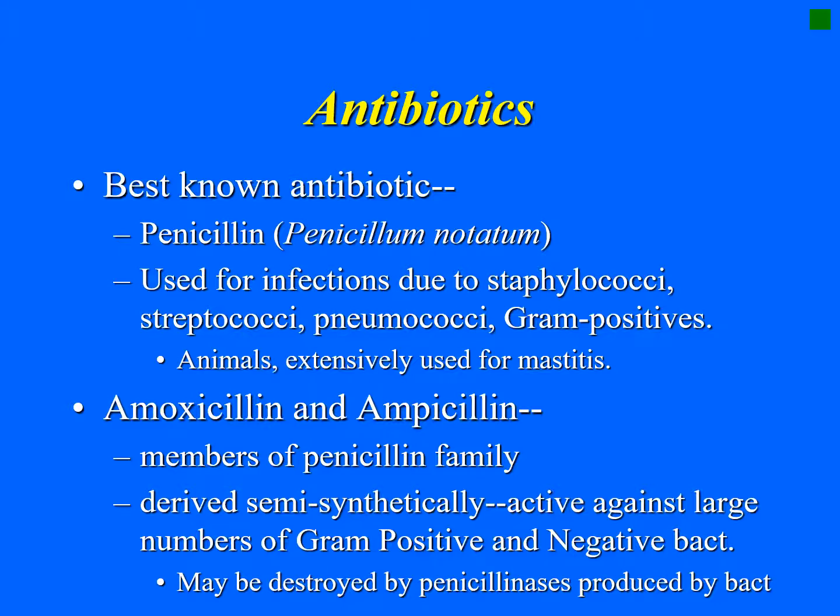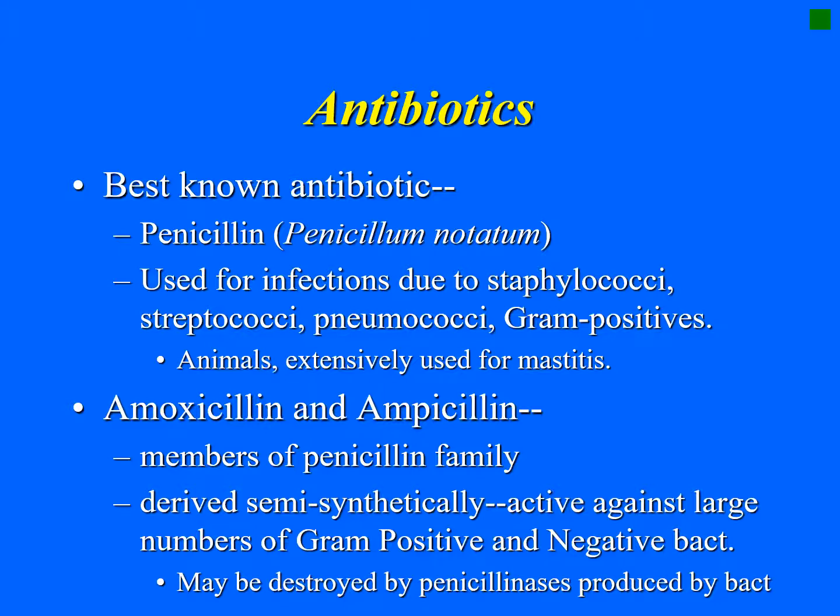Obviously your best known antibiotic is penicillin, which actually comes from the mold Penicillium notatum. It's been used for infections for many years, but it also works well in things like Staphylococcus, Streptococcus, Pneumococcus, and your gram-positive microorganisms. Animals, mastitis, that's the big thing penicillin's used for. Then some derivatives would be like amoxicillin, ampicillin.